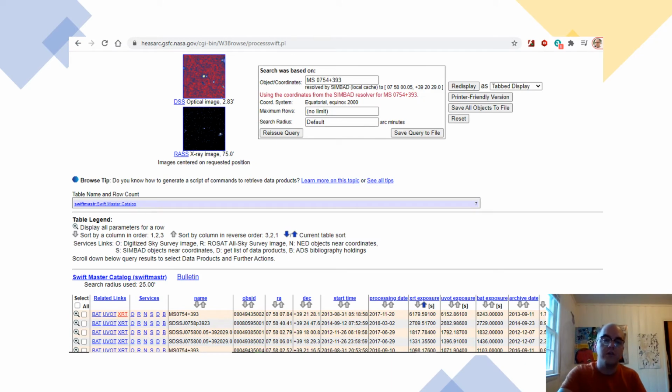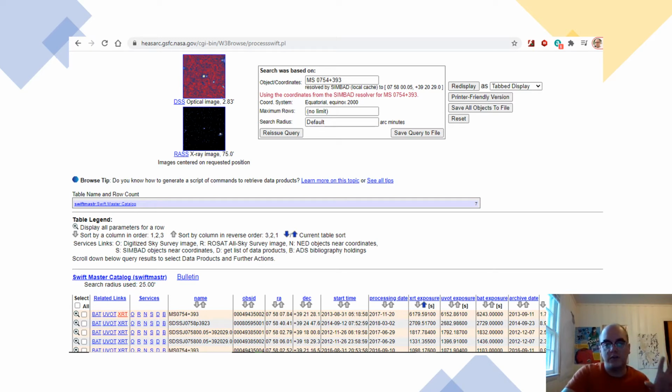And you see here the object coordinates are given by its name, and it has both the DSS optical image, which I thought was really interesting, and a non-Swift processed X-ray image that shows the object itself. And we wanted all of these things, and most of what I did centered around this secondary telemetry point.